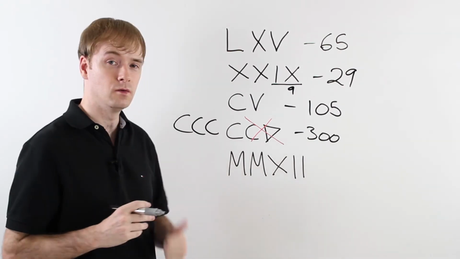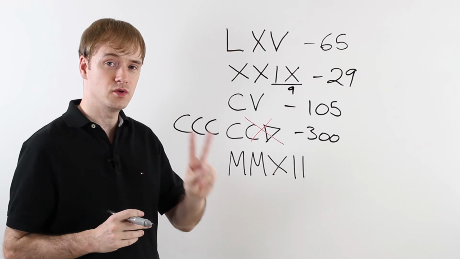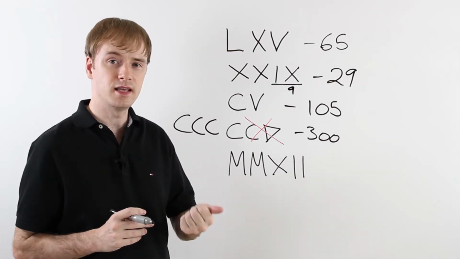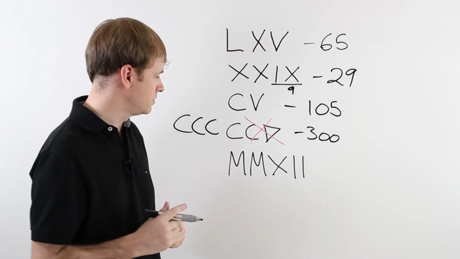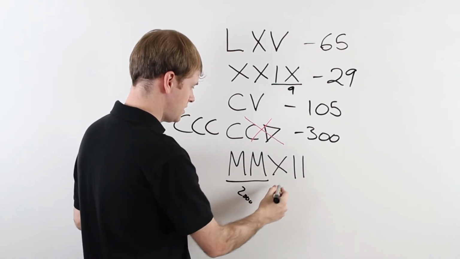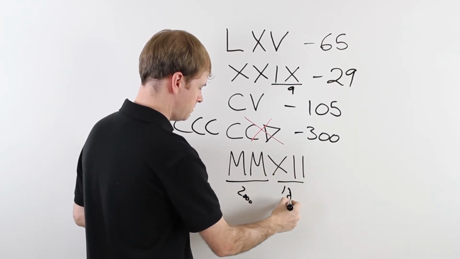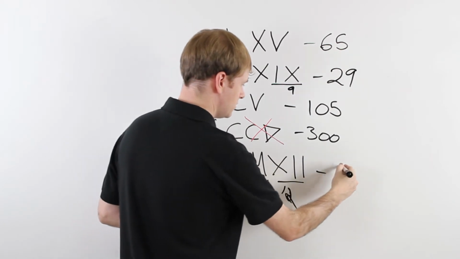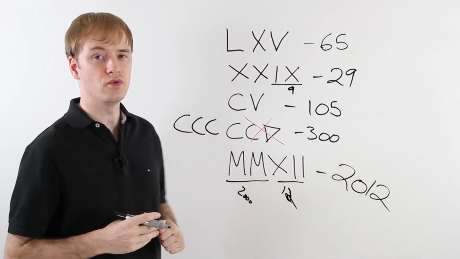All right, the last one. MMXII. M, 1000. M, 1000. 2 M's, 2000. X, 10. II, 12. So this is going to be 2000. We know that. X, II, that's 12. Oops, put them together. That is a year, 2012.